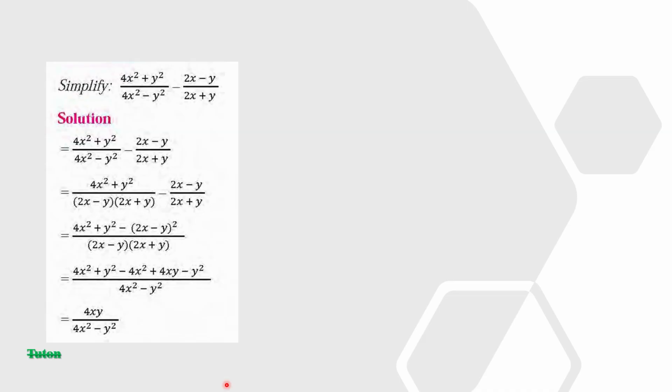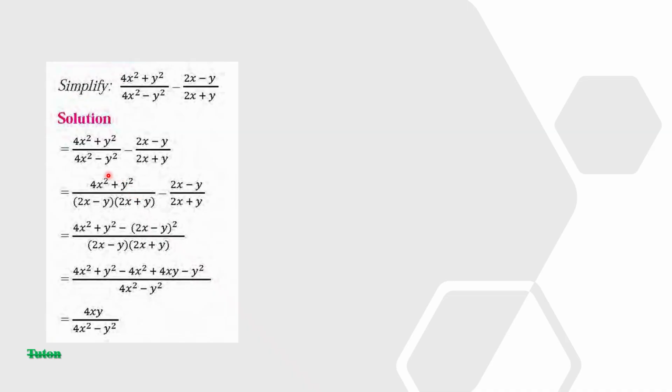Here, as we all can see, the denominator of this part is 4x squared minus y squared. As we solved the previous question, we can solve this question similarly as well. Here 4x squared minus y squared can be broken down into 2x minus y and 2x plus y, having in mind the formula for a squared minus b squared.